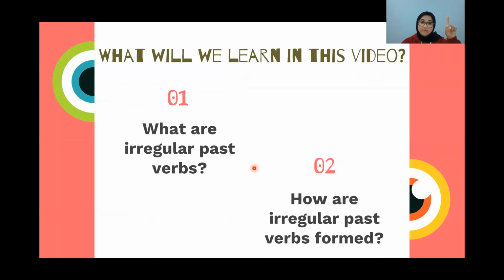Question number 1: what are irregular past verbs? We keep saying irregular past verbs, but what are they? Let's see. And question number 2 is, how are irregular past verbs formed? So we are going to answer what they are and how we write them.